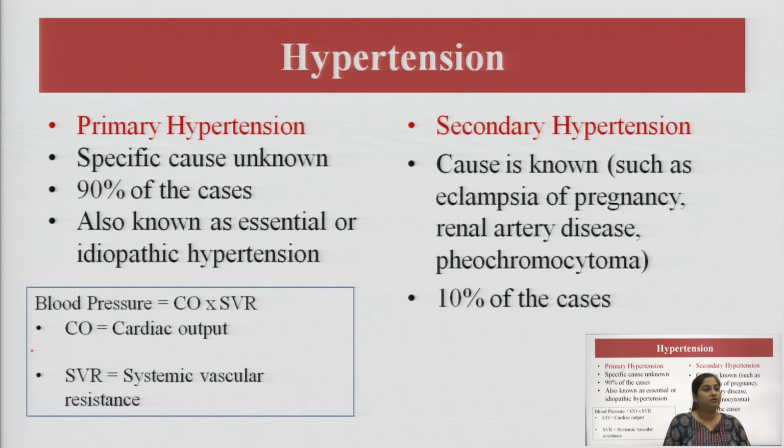If we need to check the blood pressure, how can we do that? It is a simple formula: blood pressure is CO into SVR. What is CO and what is SVR here? CO is the cardiac output and SVR is the systemic vascular resistance. That means, if we need to know the blood pressure, we need to multiply these two things, cardiac output and systemic vascular resistance.